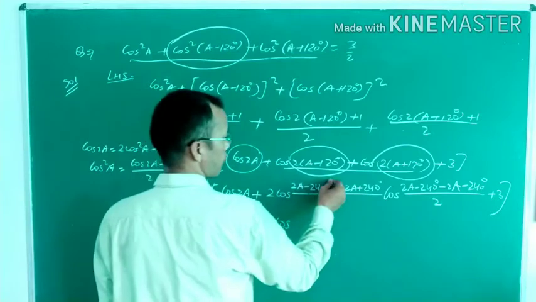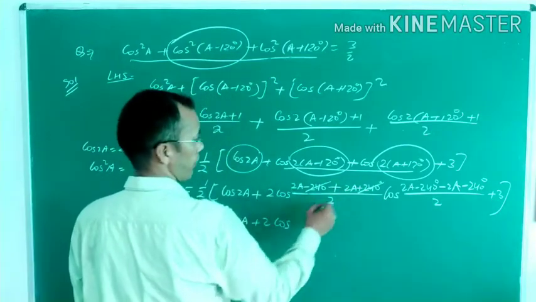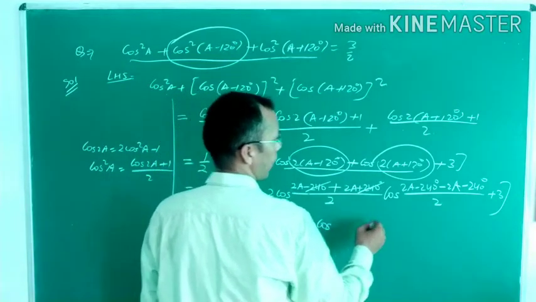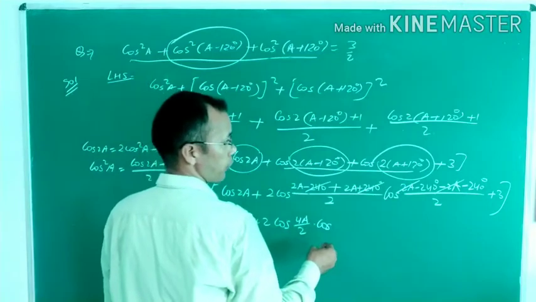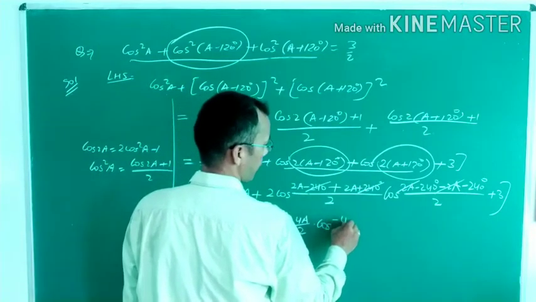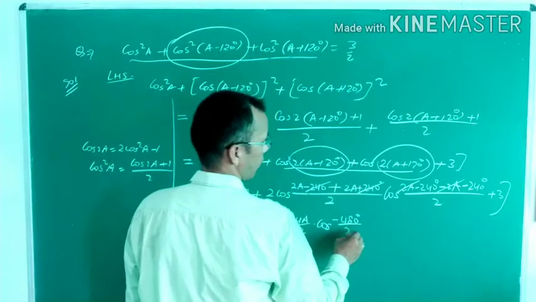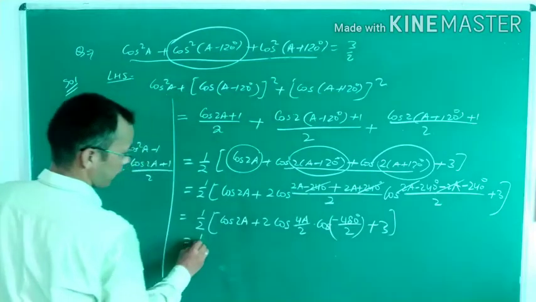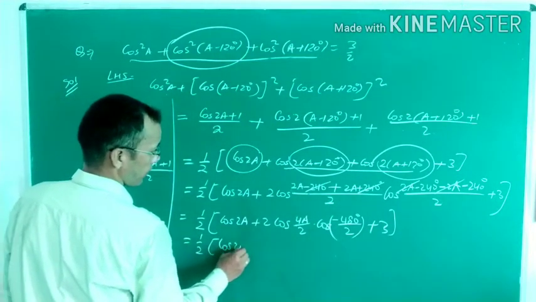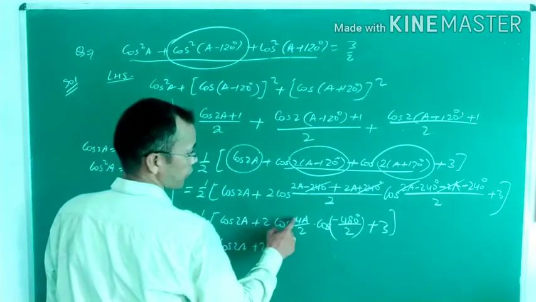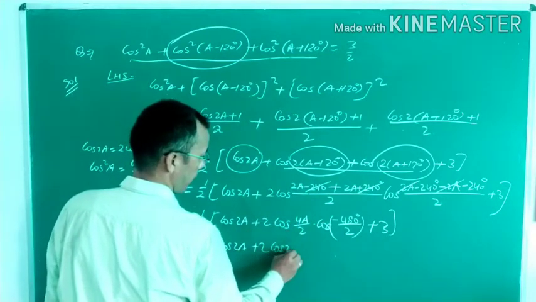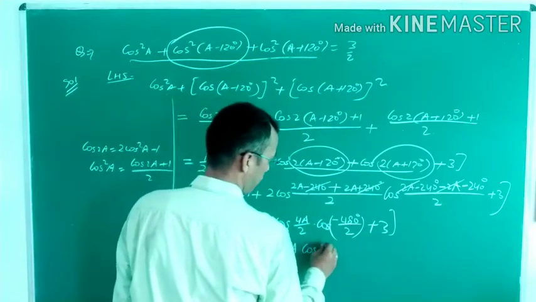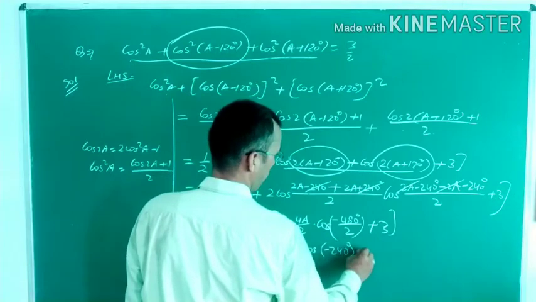Now check this: the 240 degrees cancel out, 2A plus 2A is 4A, upon 2 gives 2A, and this is cos 2A. Then the 2A cancels out, and minus 240 minus 240 is minus 480 degrees, upon 2, is cos of minus 240 degrees, plus 3.